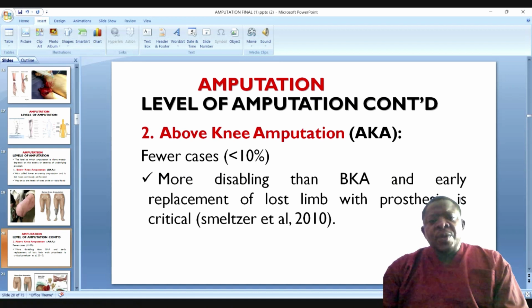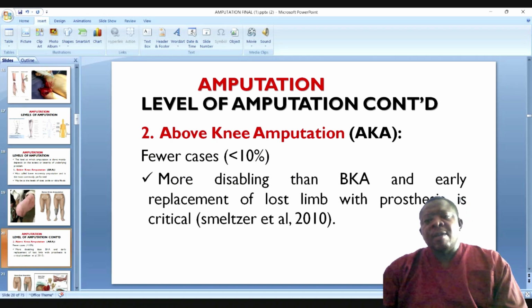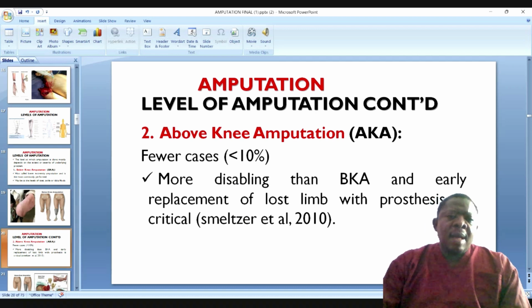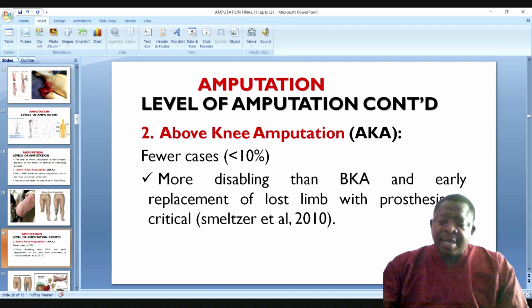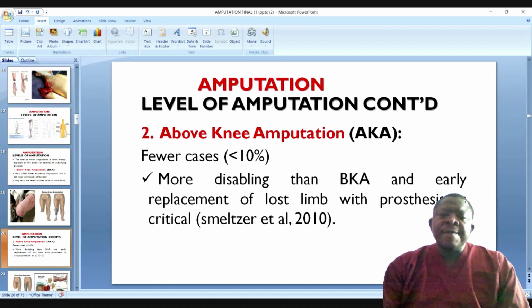So above knee is one of those disabling types of amputation, and one undergoing above knee may need replacement of the lost limb with a prosthesis almost immediately, or it's critical that you find a prosthesis for them almost immediately as you are finishing the procedure.